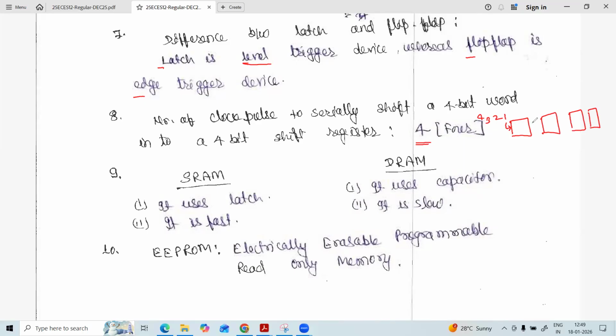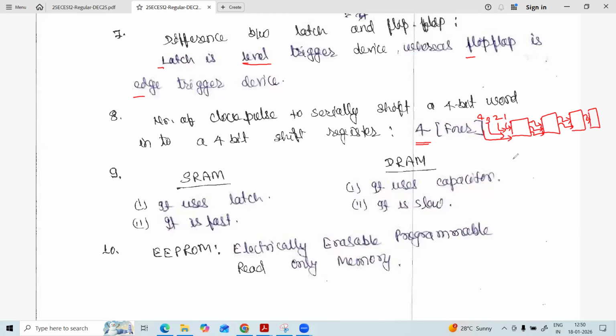During the second clock, the output of the first will be transferred to the second, and a new bit will be loaded. During the third clock pulse, the output of the second flip-flop will be transferred to the third, the first to the second, and the third bit will be loaded. And during the fourth, the output of the third will be given to the fourth, the second to the third, the first to the second, and a new bit will be loaded.